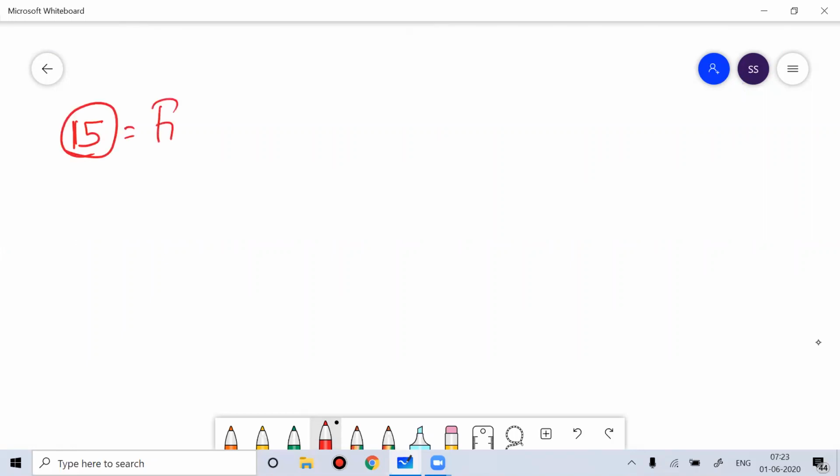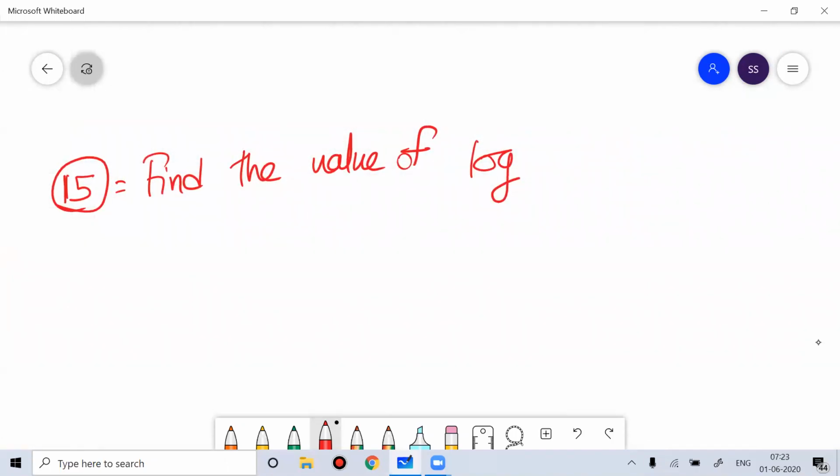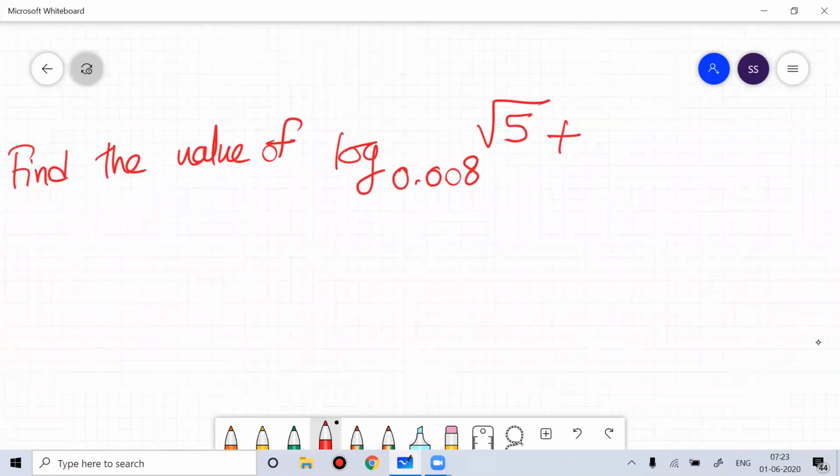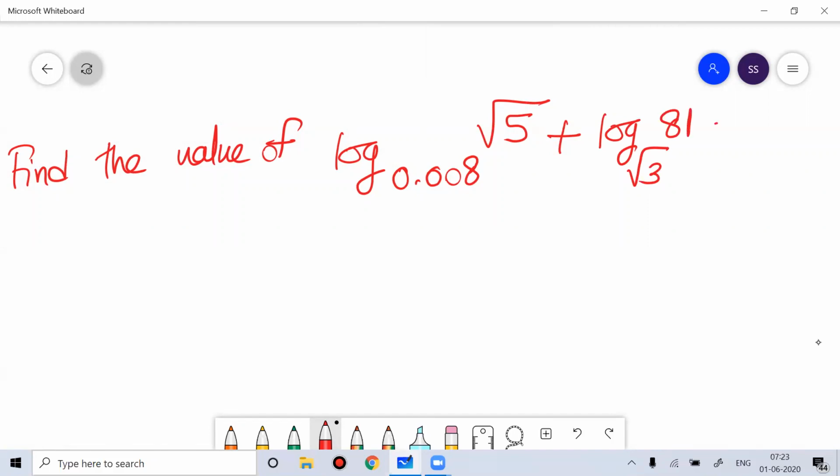So find the value of log of 0.008 root 5 plus log base root 3 of 81 minus 7.